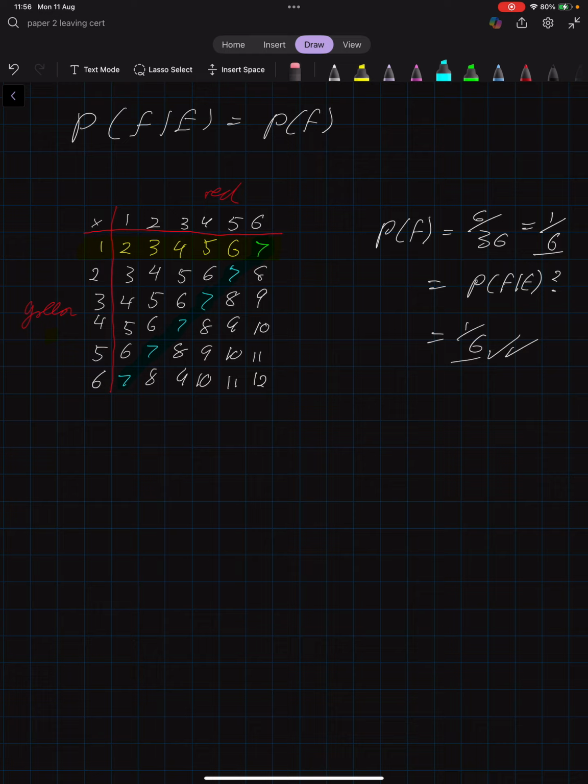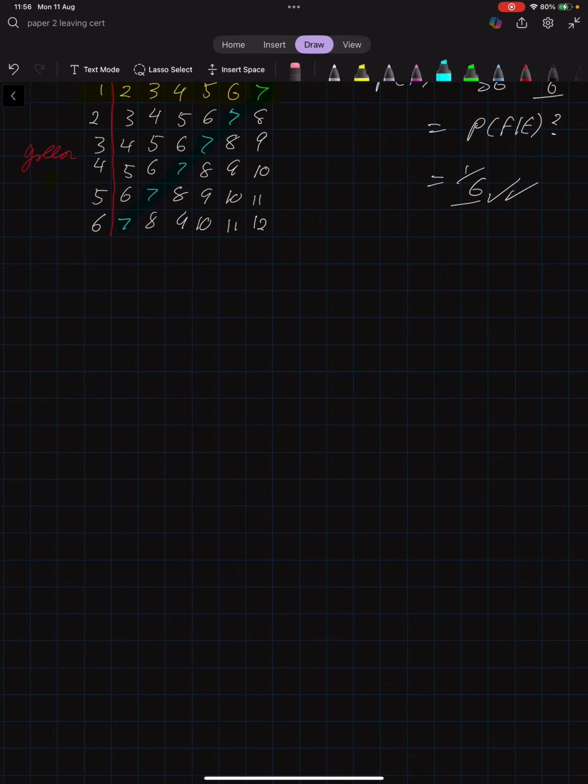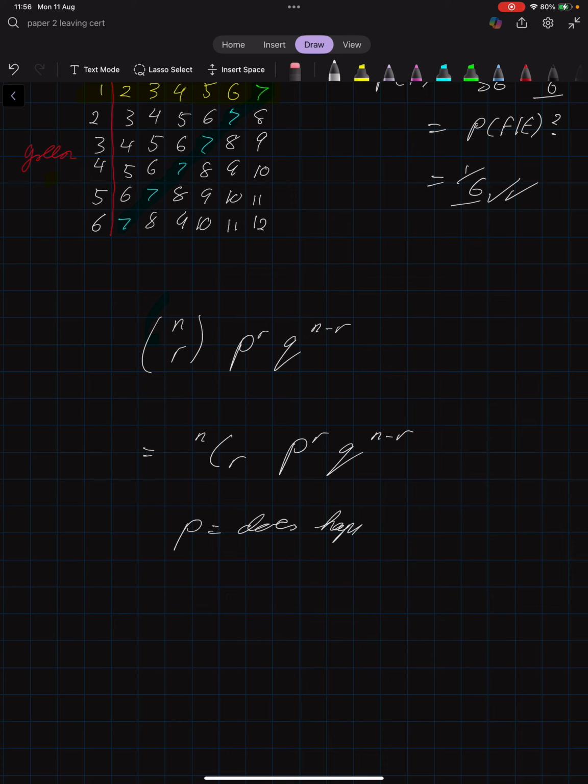The formula is very simple: nCr, p to the r, q to the n minus r, where p is the chance it does happen, and q is that it doesn't.